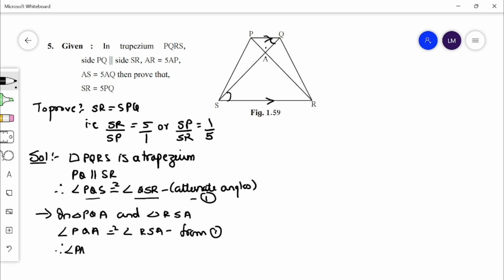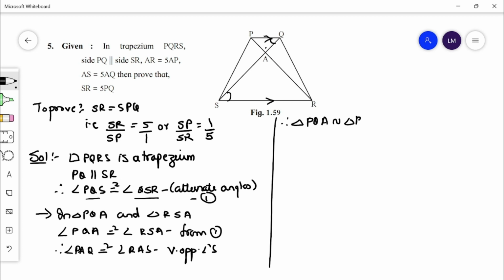Angle PAQ is congruent to angle RAS. Reason is vertically opposite angles. Therefore, triangle PQA is similar to triangle RSA by the AA test for similarity.